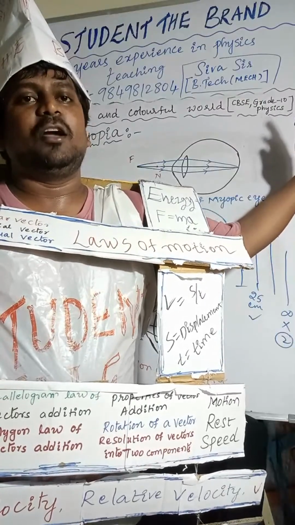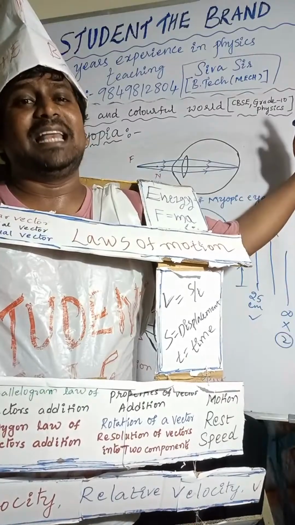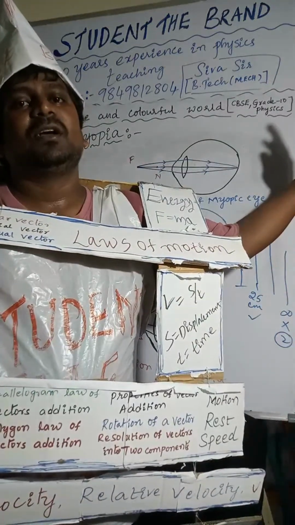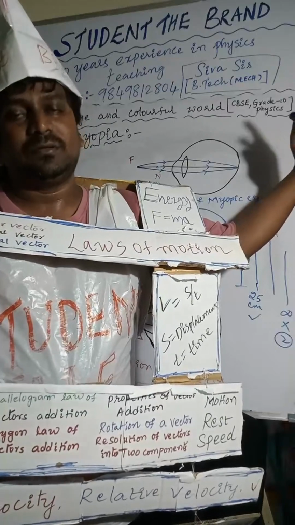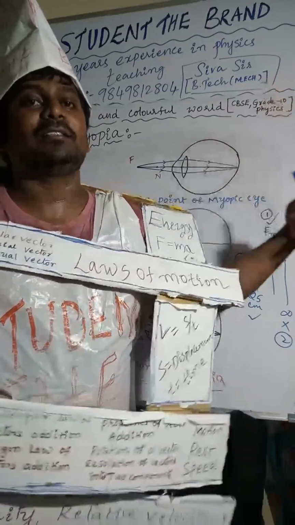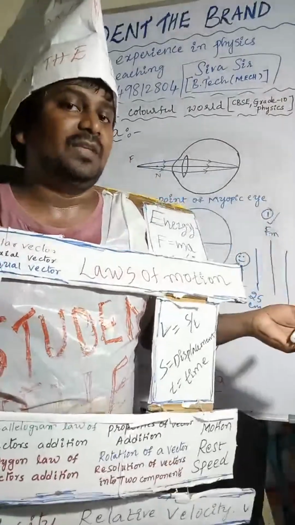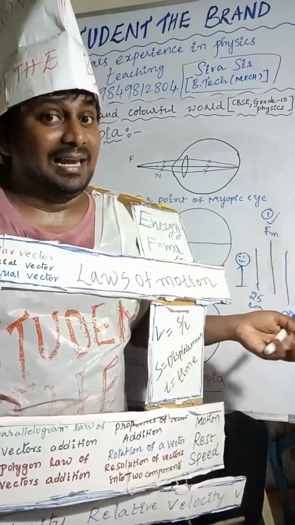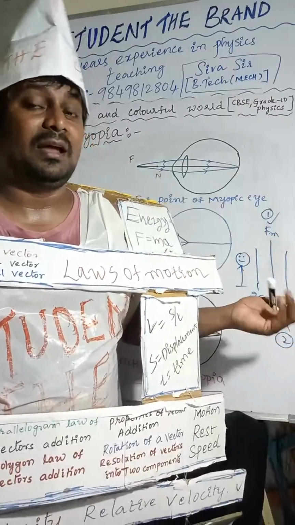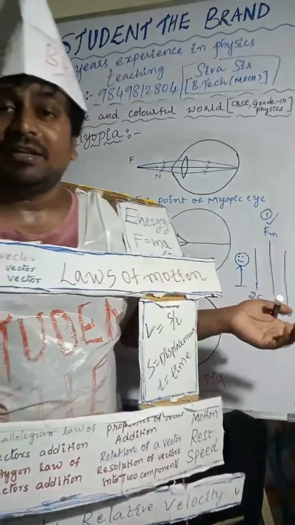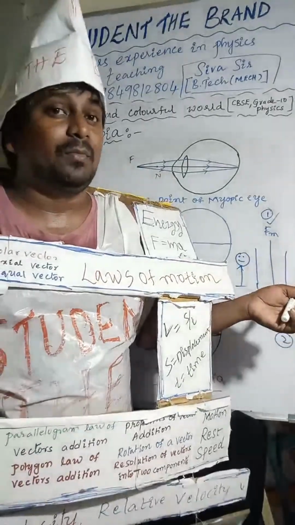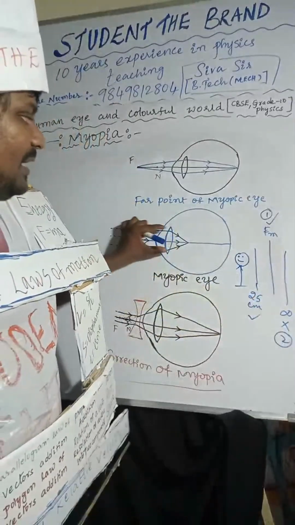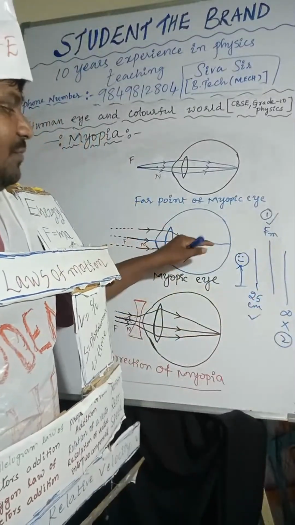What are the causes of myopia? Focal length is less. The curvature of the eyeball or the eye lens is more, so the power will be more and the focal length less, since P equals 1 by f. If power is more, it immediately converges the light rays in front of the retina.